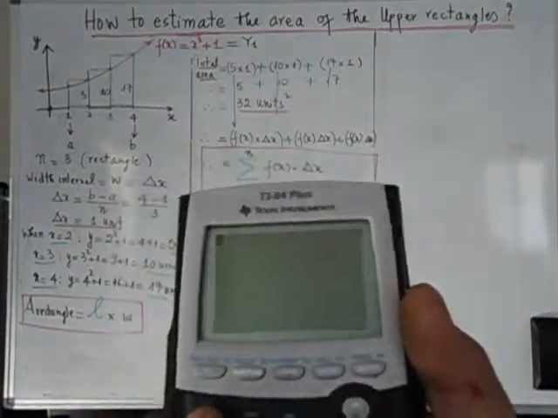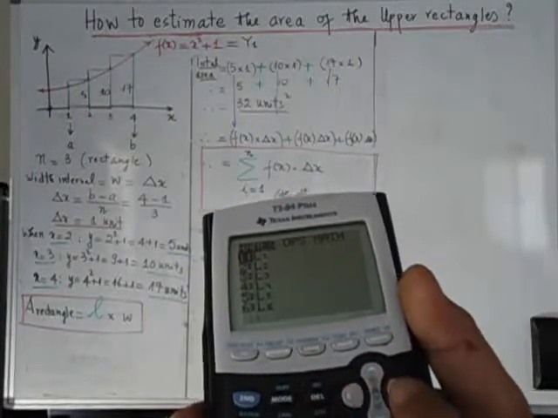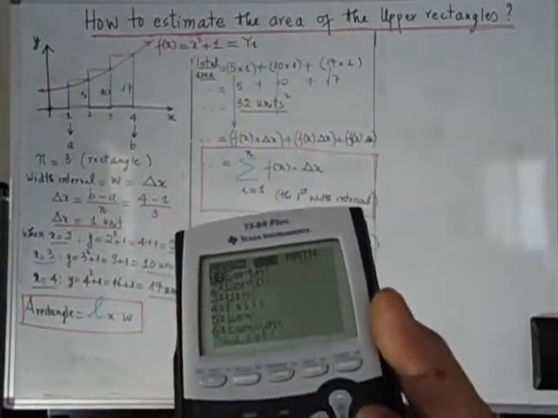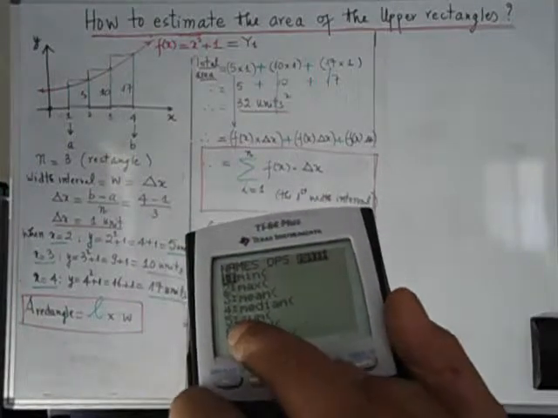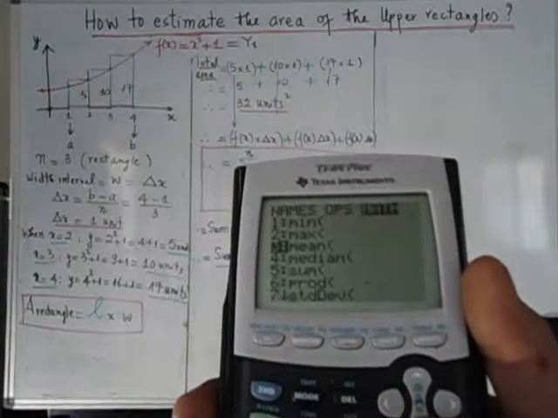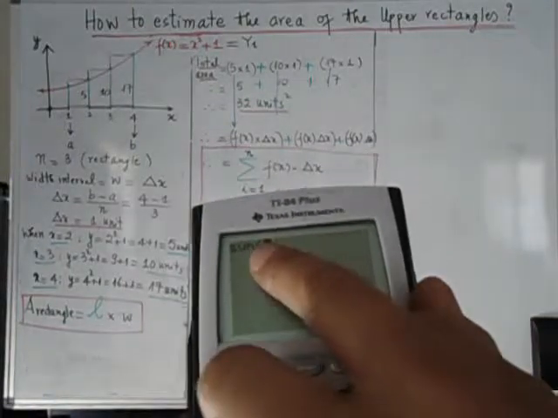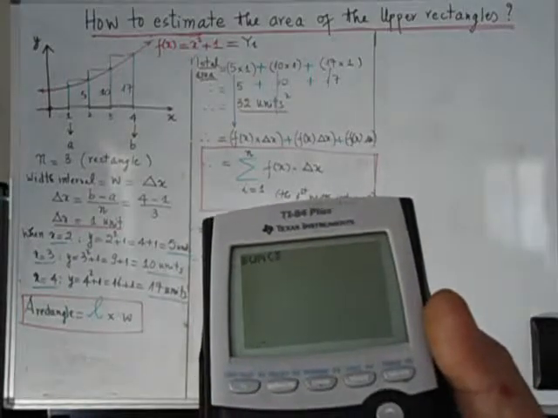Second, stat, math, then we go down to number 5, press 5, which gives us sum.